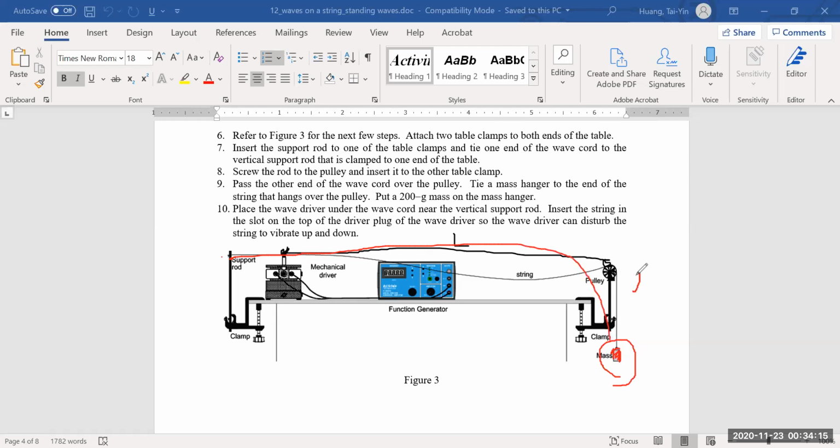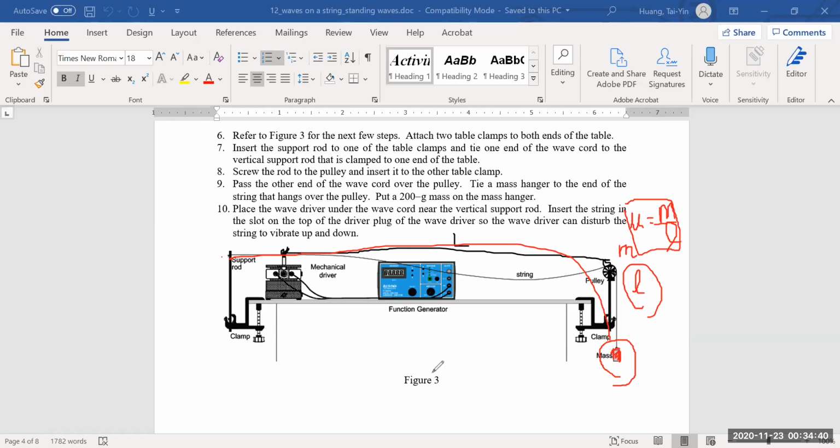We use the symbol lowercase l to indicate the total length of the string, and you're going to measure the mass of the string. Once you have the length and the mass of the string, you can figure out the density, because the mass density mu is equal to mass over lowercase l.